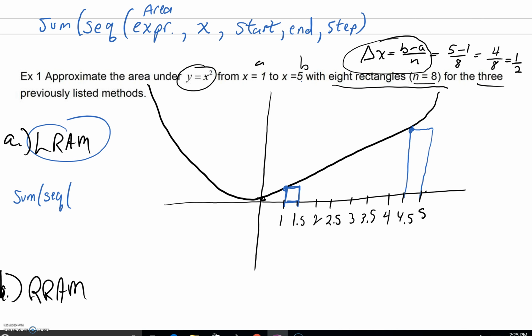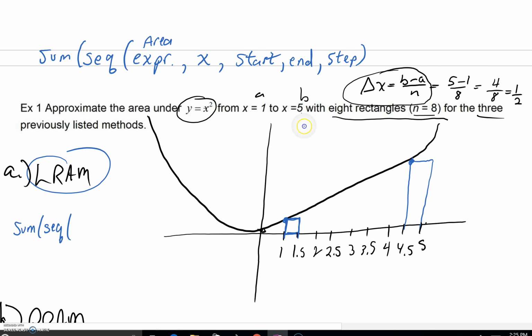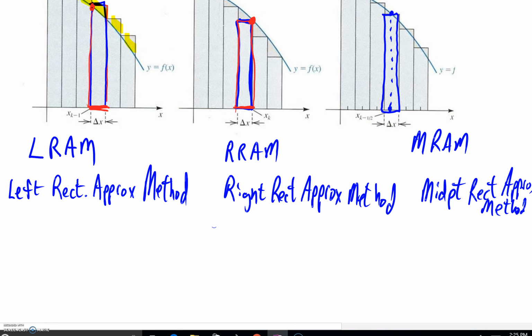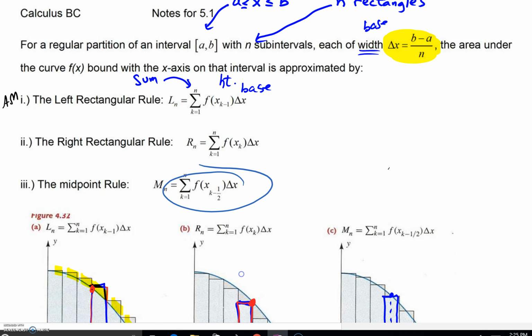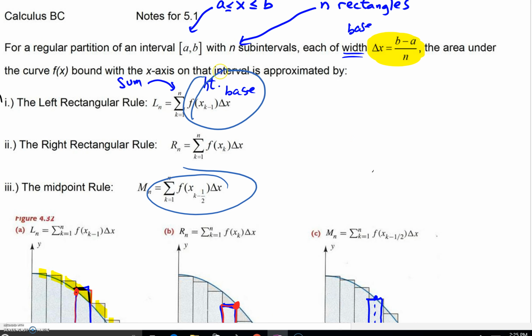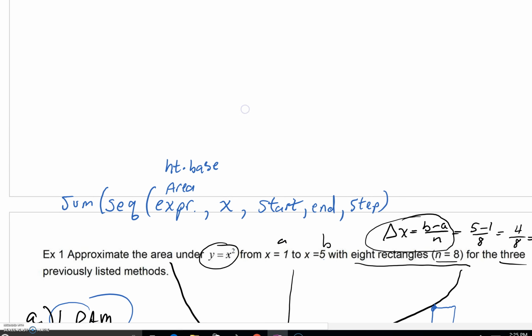Well, the area expression is going to be your height times your base. It's your height times your base. And you might think, well, where's that coming from? Well, it's coming from right here. It's your function value times delta x. The function value times delta x, always.